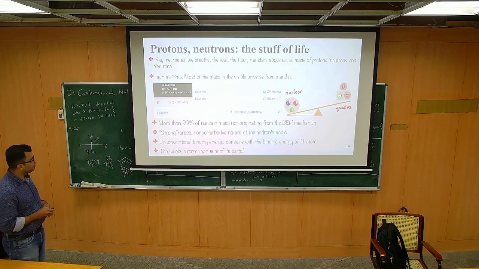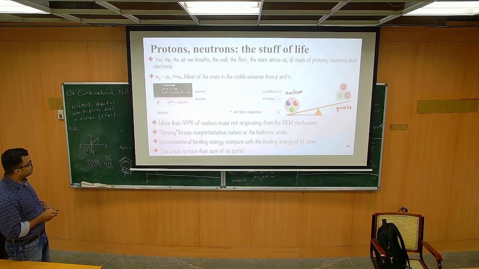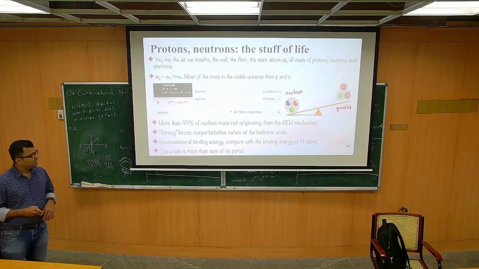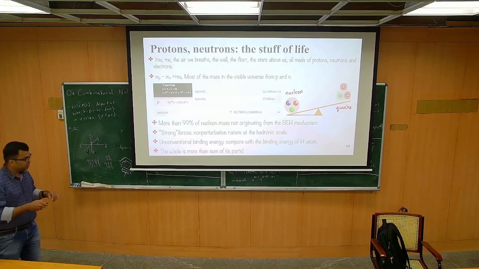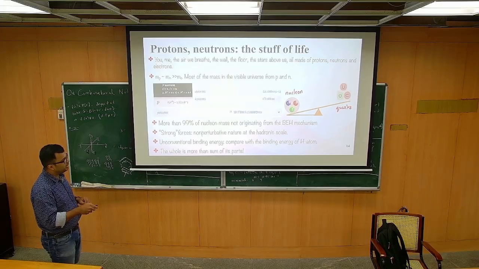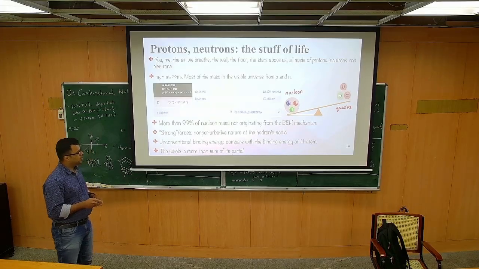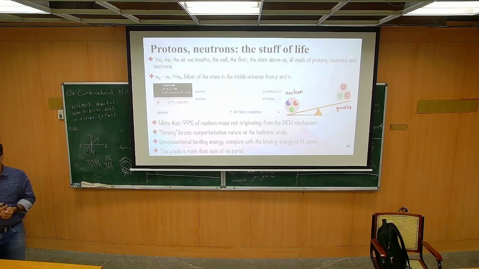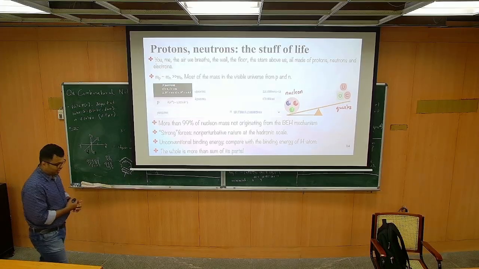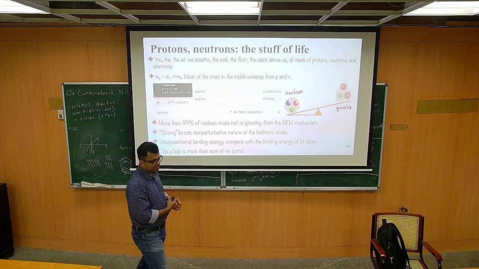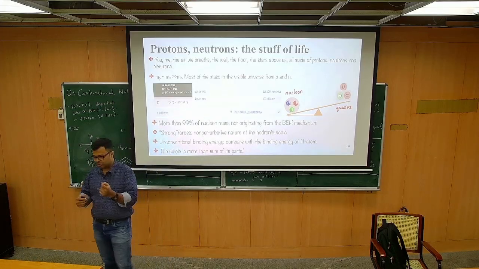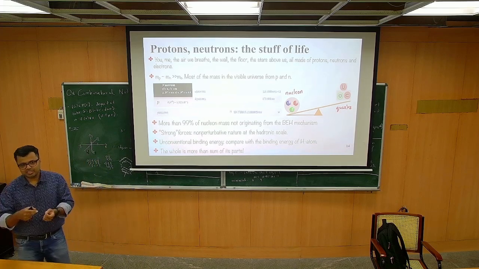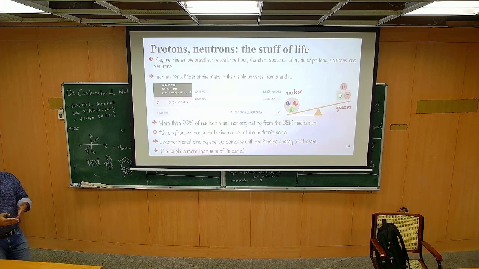That is actually the tricky part here, which means that most of the nucleon mass is not originating from the BEH mechanism. I won't explain the BEH mechanism, but I will just touch upon it in a moment. So you may have heard of the Higgs discovery, the God particle, and it is argued that all the fundamental particles that have non-zero mass get that mass from the interaction of those fields with something called the Higgs particle or Higgs field.